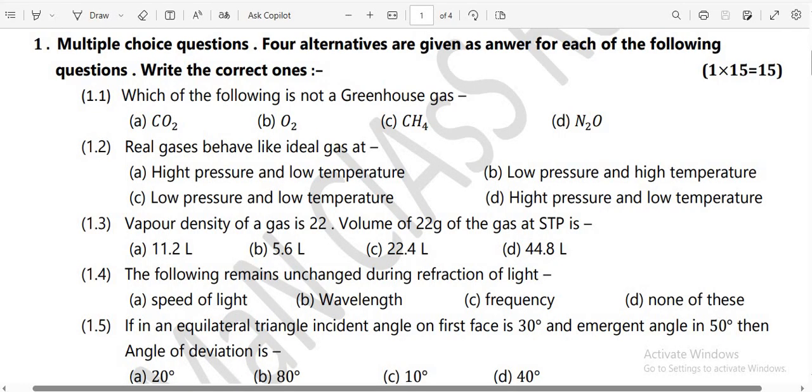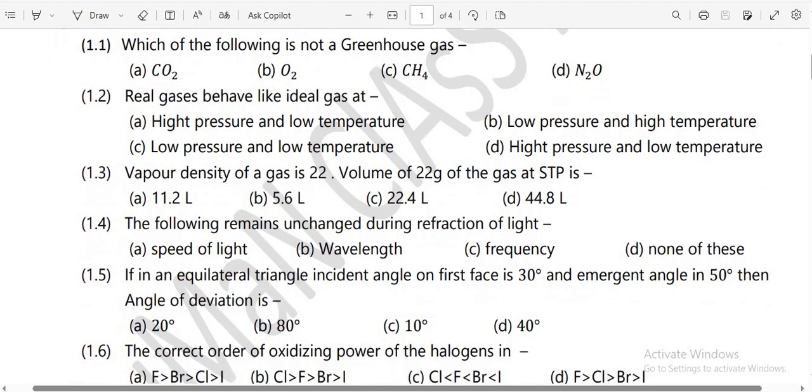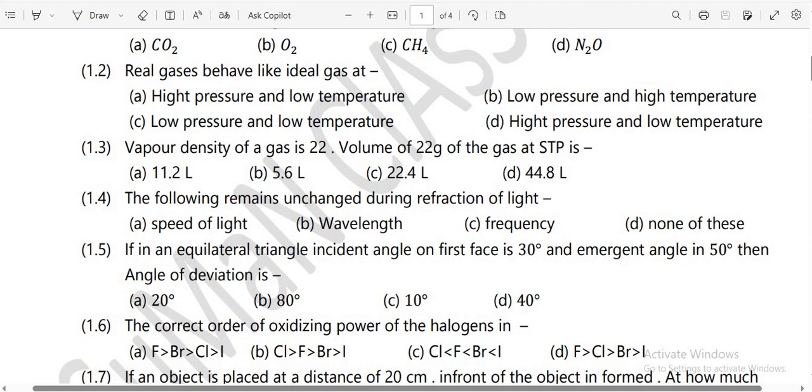Question number 2: Real gas behaves like ideal gas at option A high pressure and low temperature, option B low pressure and high temperature, option C low pressure and low temperature, option D high pressure and high temperature. 1.3 Vapour density of a gas is 22.